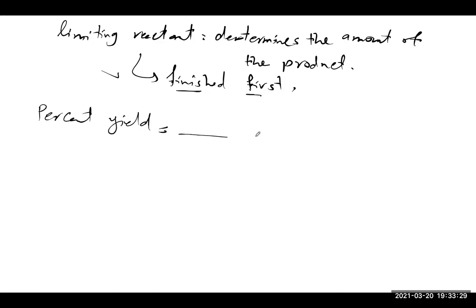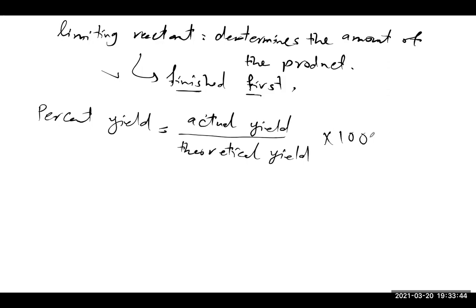And the percent yield is equal to the actual yield over the theoretical yield times 100. Of course, if he asks you about calculating the percent yield, he will give you the actual and the theoretical. You need only to divide the actual over the theoretical and multiply it by 100.